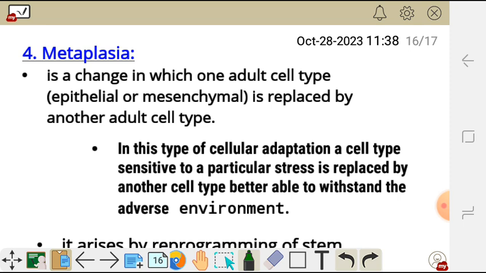So we have a stress which is being applied on a sensitive cell type. That sensitive cell type is going to be replaced by another cell type which will be able to withstand that adverse environment. That is what we call metaplasia.